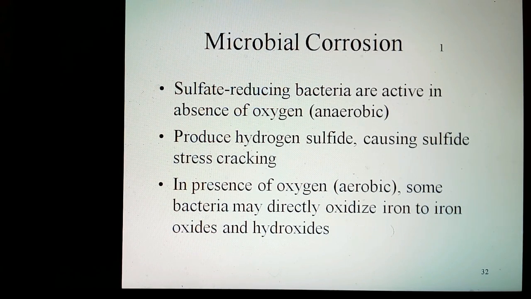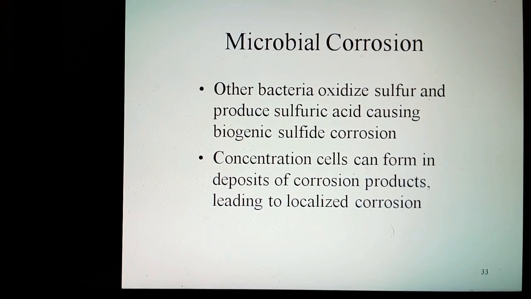In the presence of oxygen, aerobic bacteria may directly oxidize iron to iron oxides and hydroxides. Other bacteria oxidize sulfur and produce sulfuric acid, causing biogenic sulfide corrosion. Concentration cells can form in the deposits of corrosion products, leading to localized corrosion.